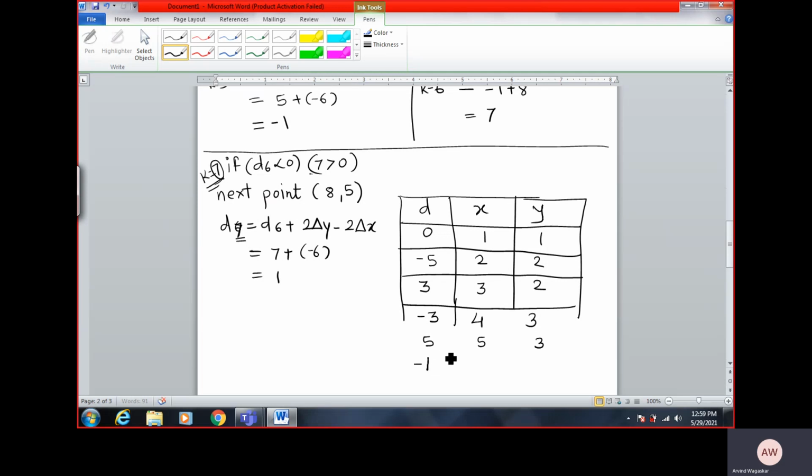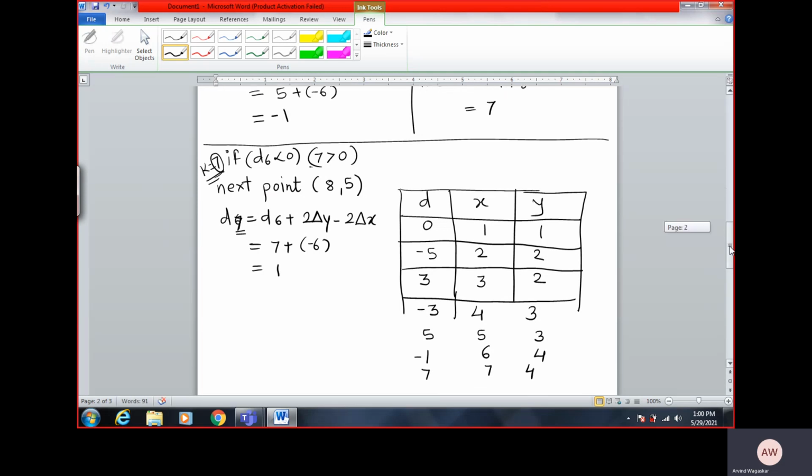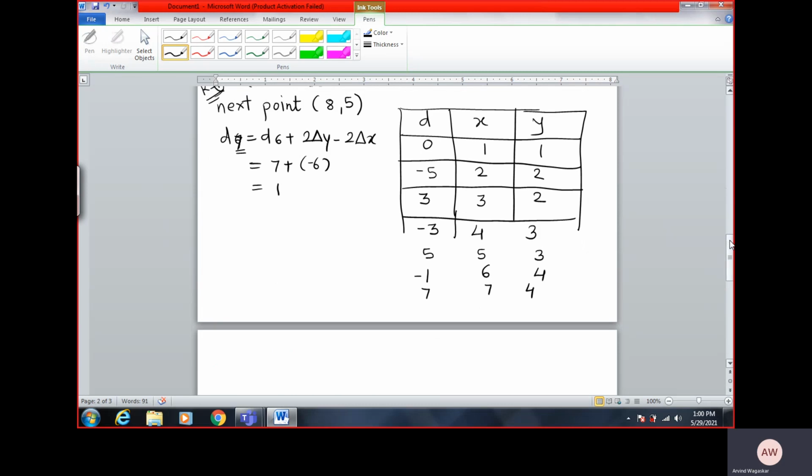Then minus 1, 6, 4. Then 7, 7, 4. And then at the end we got the value of d as 1, and we got point 8, 5.